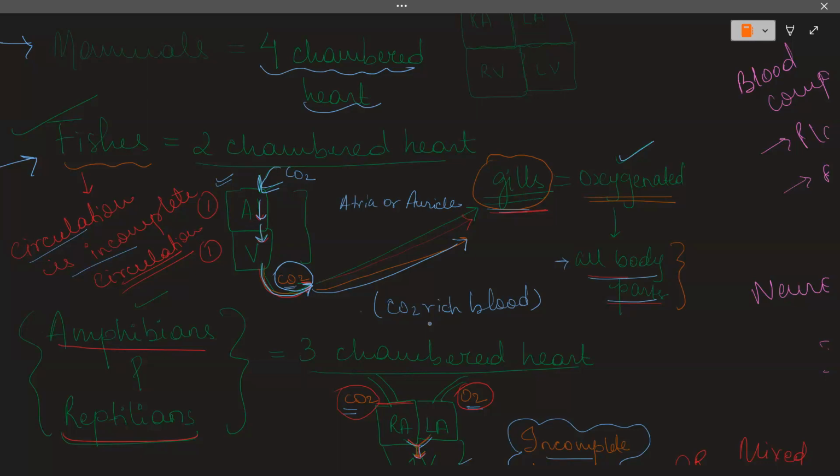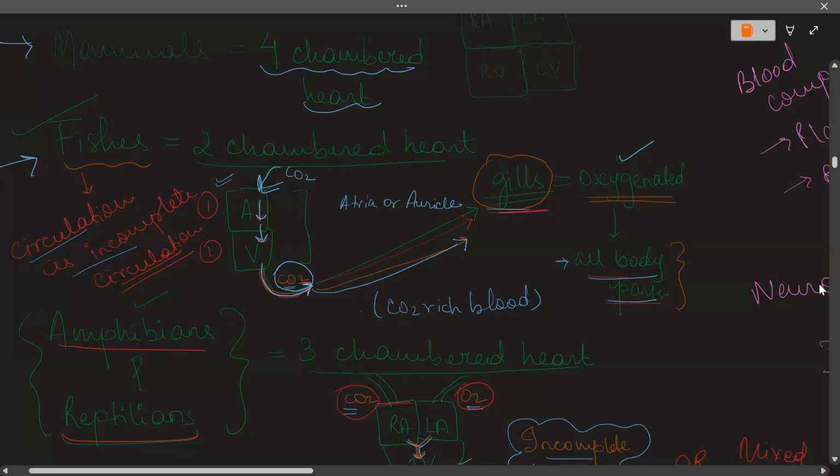Full stop. Then after that you write down the ventricle pumps out the deoxygenated blood. The ventricle pumps out the deoxygenated blood. Full stop.